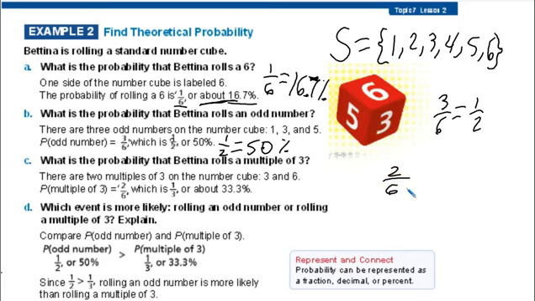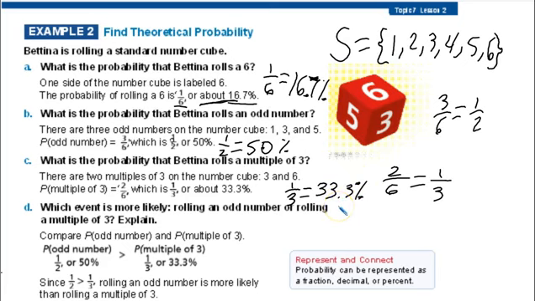It will remain the same for all of them because there's 6 possible outcomes on the number cube. So if we simplify down, we get 1 over 3. And then if we divide that in the calculator and then multiply by 100, we get 33.33333. But I'm just going to stop at 33.3%.